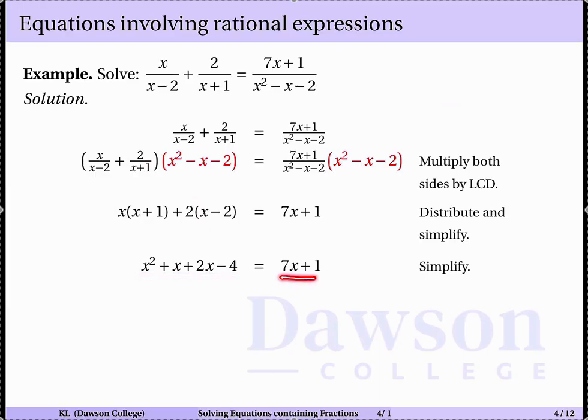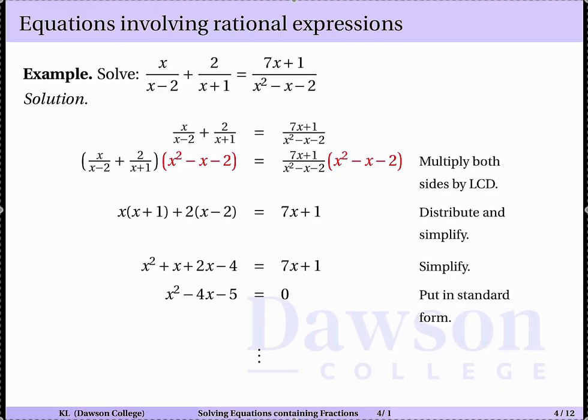The right-hand side is still 7x plus 1. Now, if we simplify this, we bring this to this side, bring this to this side as well, we will end up with the equation x squared minus 4x minus 5 equals 0.